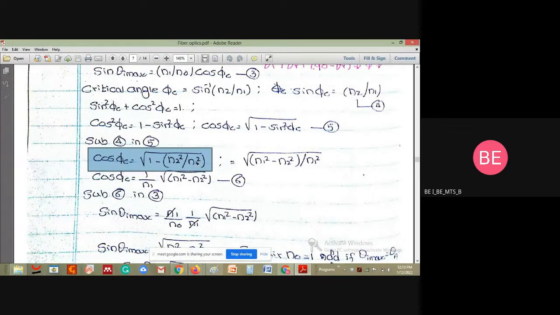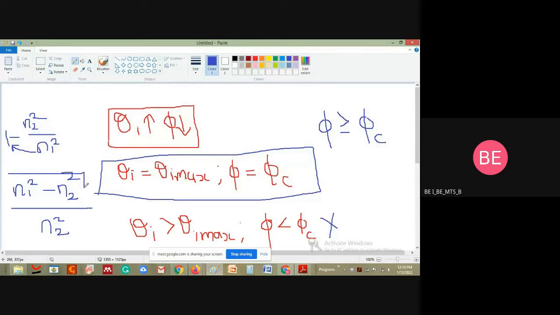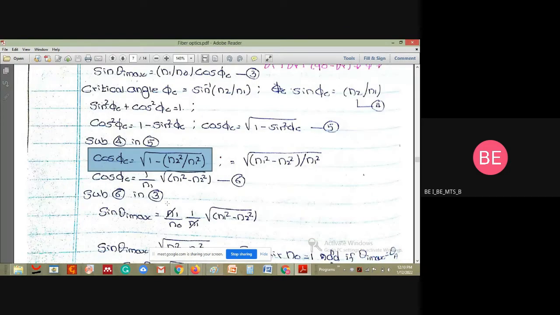So 1 minus n2 square by n1 square can be written as n1 square minus n2 square by n1 square.